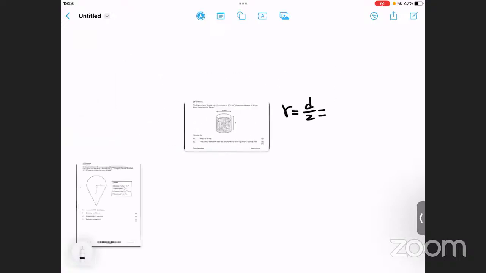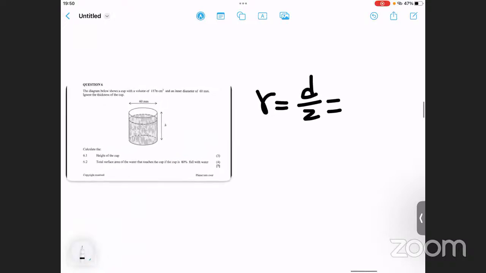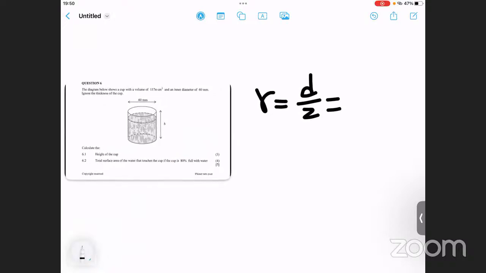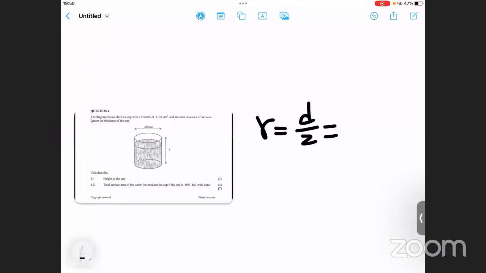But before we get to that, someone might be interested to know, how did you convert it from millimeters to centimeters? Sorry, sir.